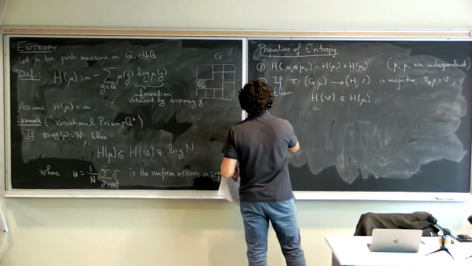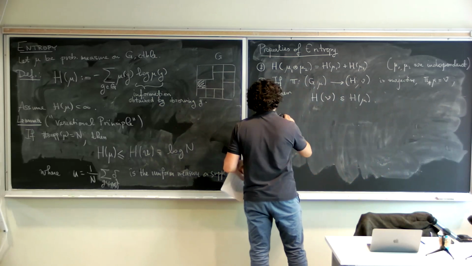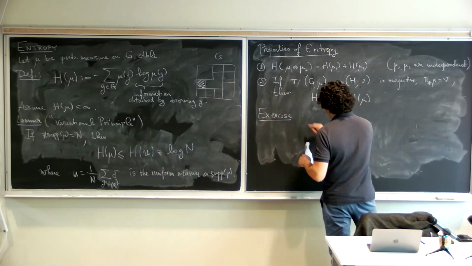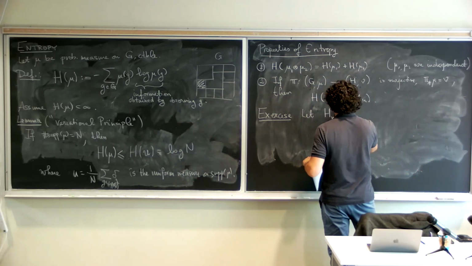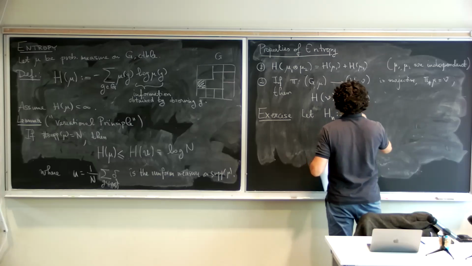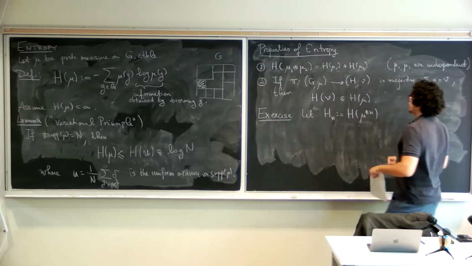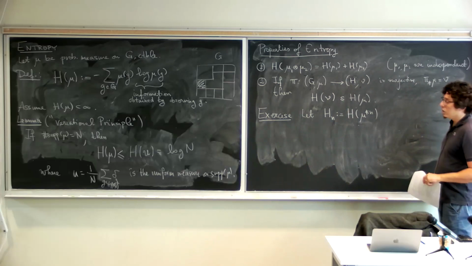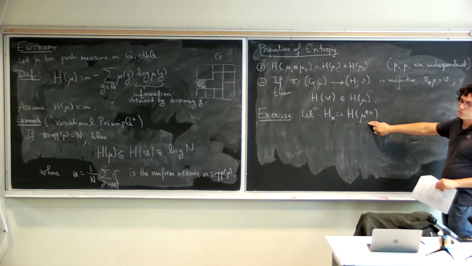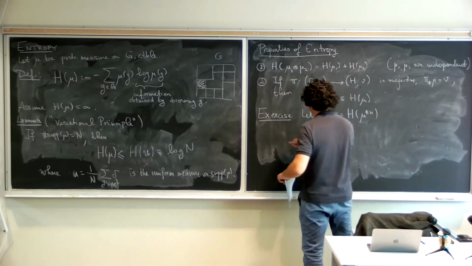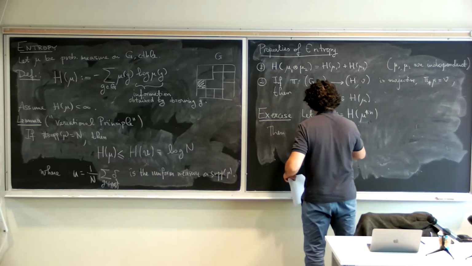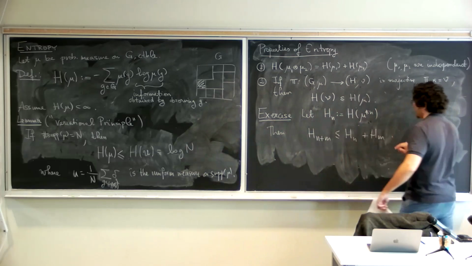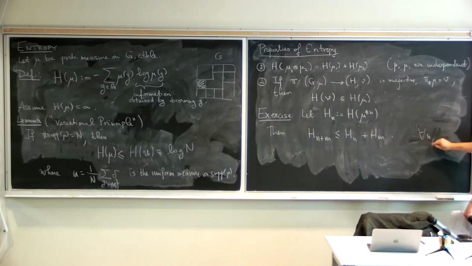And now, the exercise that I put in the problem set, so we'll spoil it, is if you let H_n be H of mu_n, so you're taking the n-fold convolution of mu with itself. So now we're starting to use the group structure. Then first of all, you have this subadditivity property: H_{n+m} is less than or equal to H_n plus H_m.